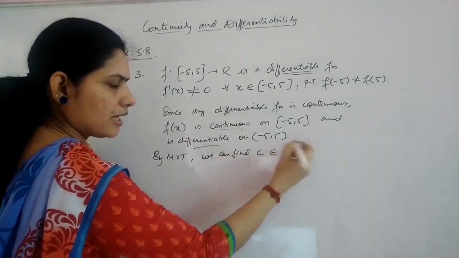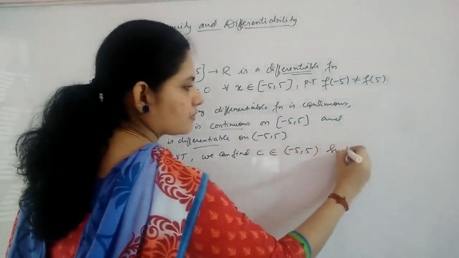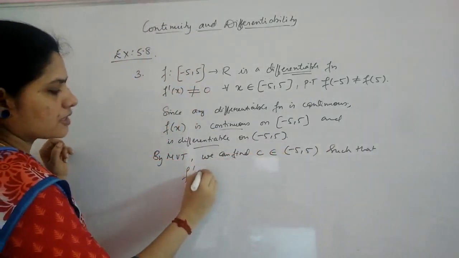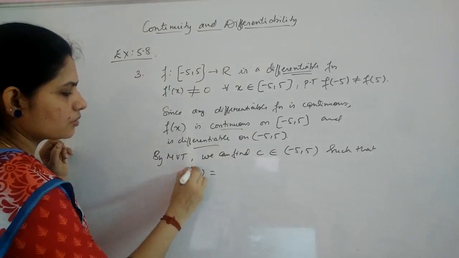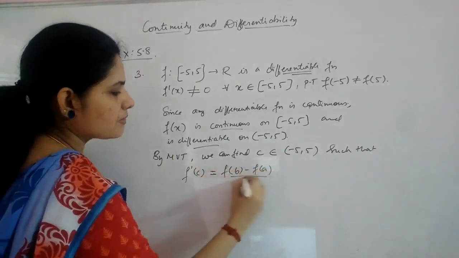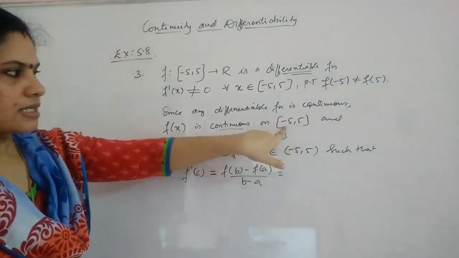Then by the mean value theorem you can find a c, again in the open interval minus 5 to 5, such that f dash of c will be equal to f of b minus f of a divided by b minus a. What is b here? b is 5 and a is minus 5.